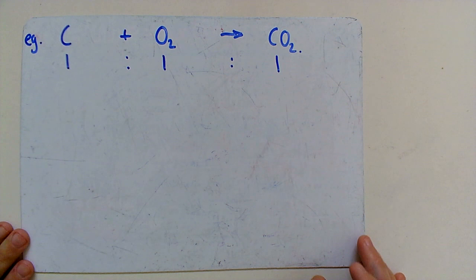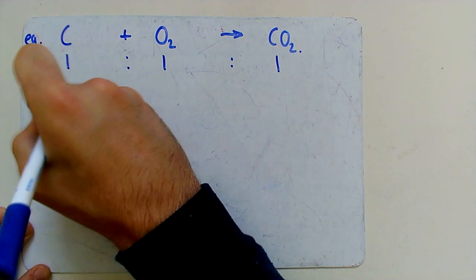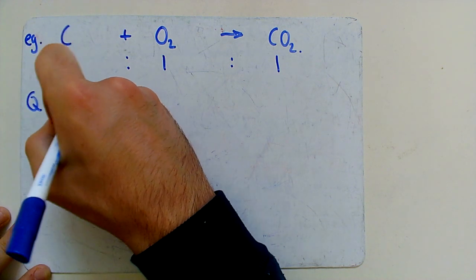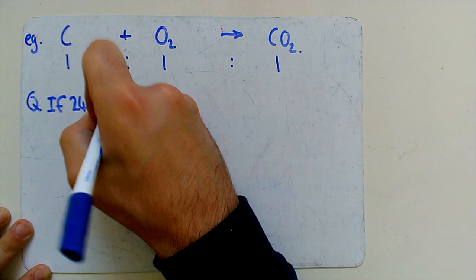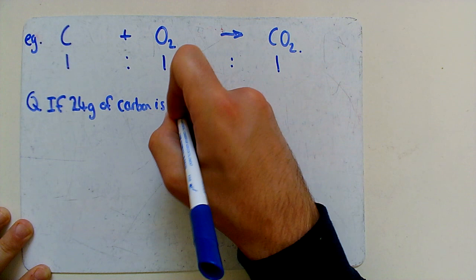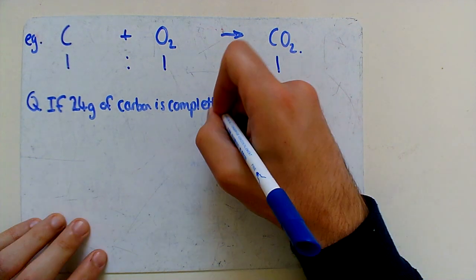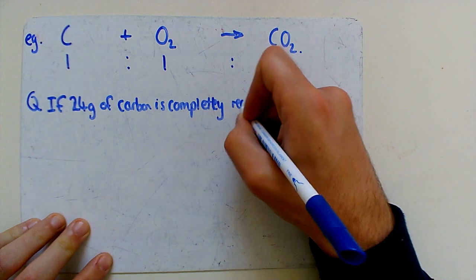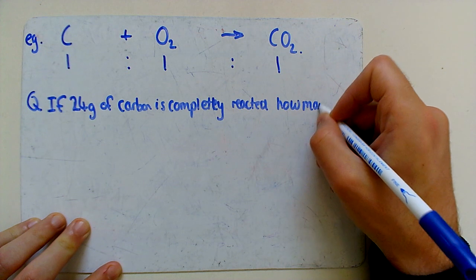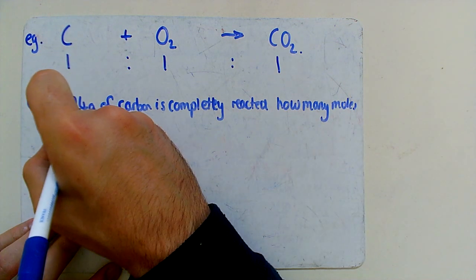Now this time, the question might be, if 24 grams of carbon is completely reacted, how many moles of carbon dioxide are produced?